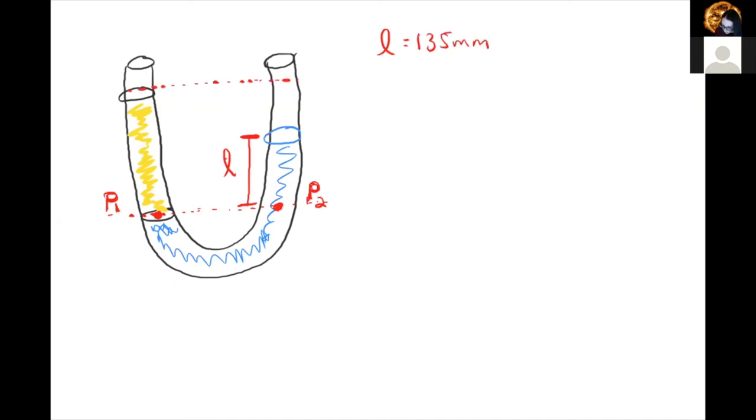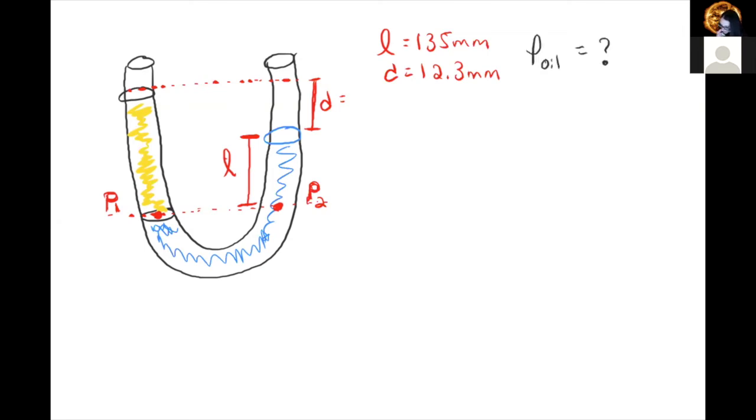And then we know this distance D right here. D is the distance between the height of the oil column and the height of the water column, and that quantity is equal to 12.3 millimeters.